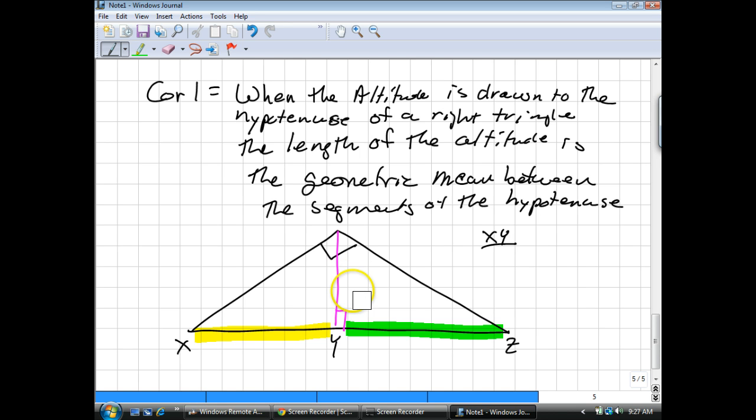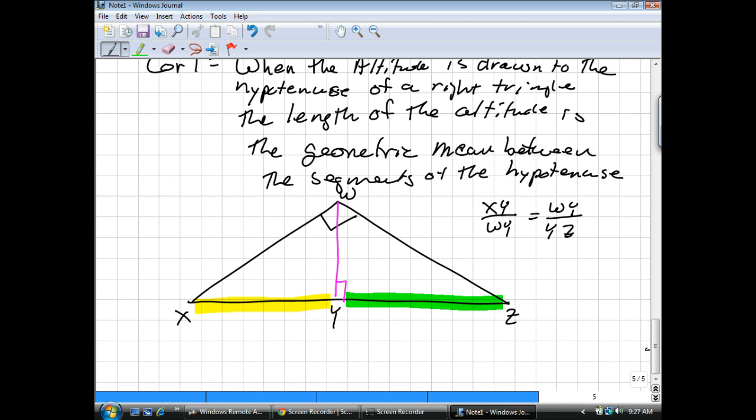Oops, let's call this W. So WY, as the altitude is to the other piece of the hypotenuse. Okay? So piece of hypotenuse is to altitude as the altitude is to the other piece, is the way I remember it. Okay?